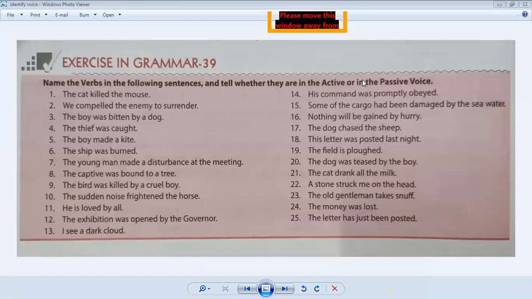Active voice: look at the verb and the subject of the sentence. If the subject is doing the action represented by the verb, it is active voice. And if the subject is the receiver of the action, then it is passive voice. Because sometimes this by part, by a dog, by her, by him, is omitted.